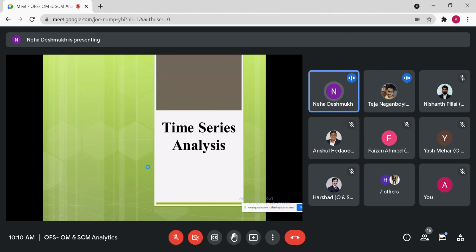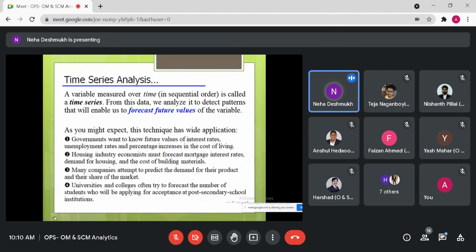So let's start with time series analysis. A variable measured over time is called a time series, right? From this data, we analyze it to detect patterns that will enable us to forecast future values of the variable. Whenever forecasting or prediction is there, we usually deal with historical data.